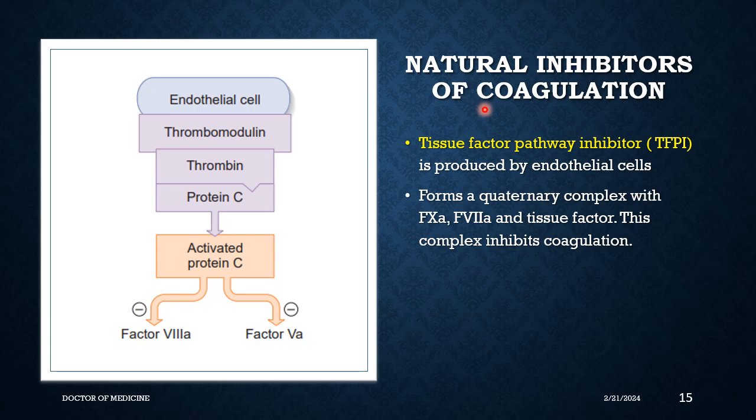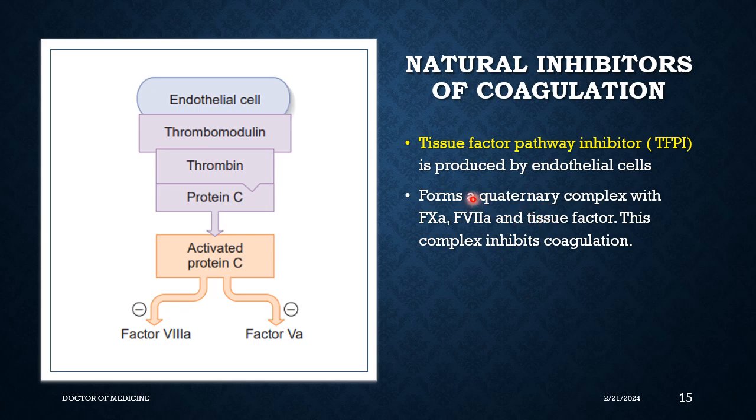So the last, okay, another one of the required mechanisms to prevent the clotting of blood on the peripheral or adjacent portions of the intact blood vasculature involves what is called the tissue factor pathway inhibitor. Okay, so the tissue factor pathway is also known as the extrinsic pathway. So an inhibitor of the tissue factor or thromboplastin will ensure that the tissue factor no longer produces the external spark that is required for the coagulation cascade to start functioning.